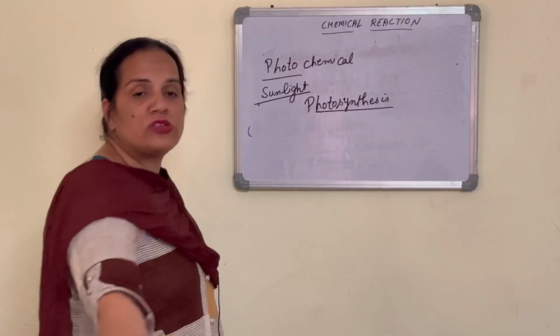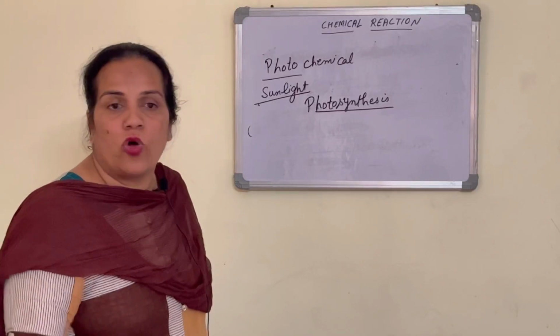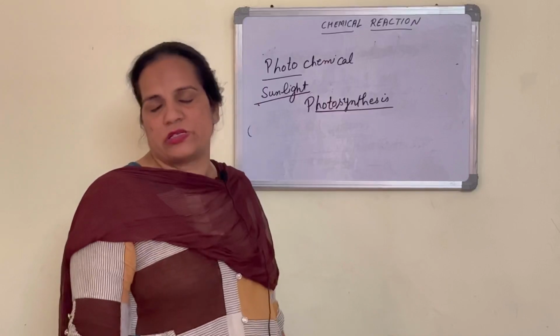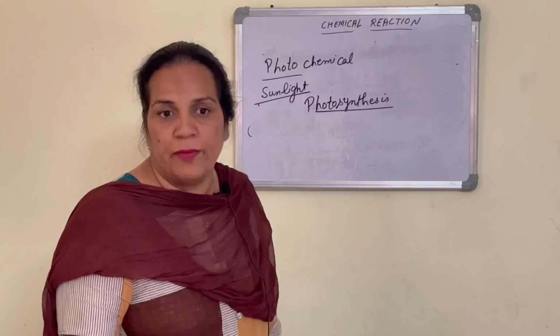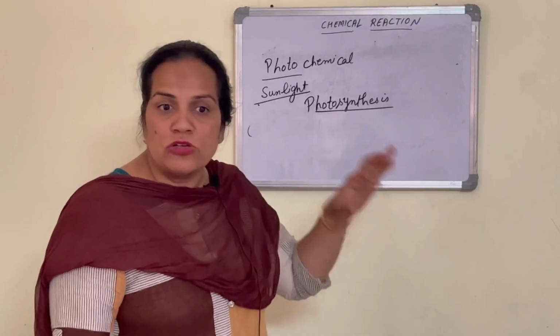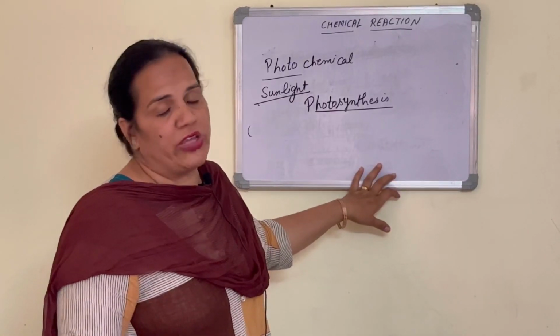You all know photosynthesis. Plants make their own food with the help of carbon dioxide, water molecules and chlorophyll pigment, but in the presence of sunlight. Without sunlight, photosynthesis cannot take place.